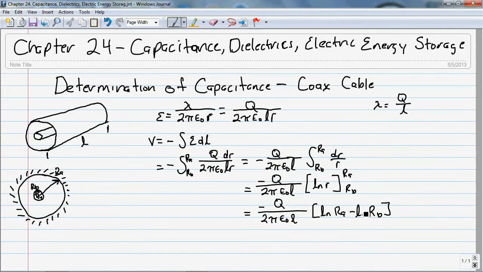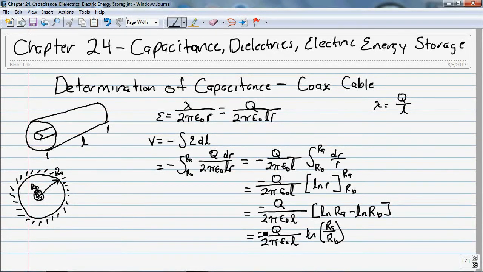And remember that when you subtract two logarithms, it's the same thing as dividing. So we can use the logarithmic relationship. So we got the natural log of RA over RB.